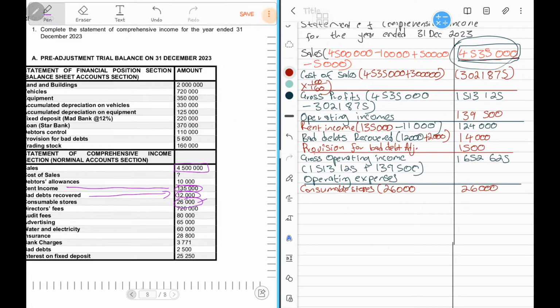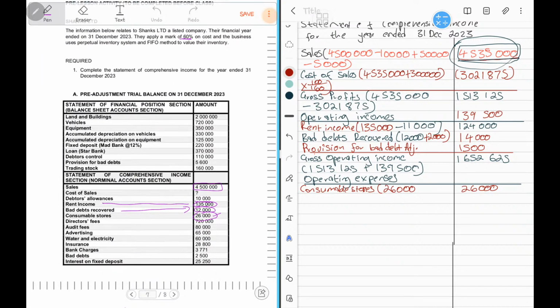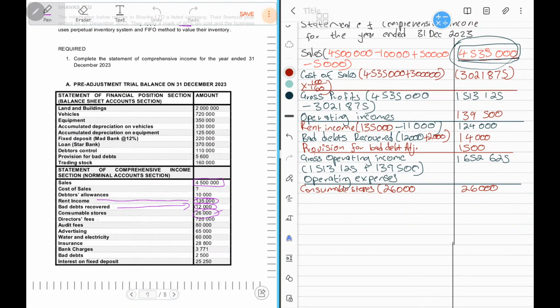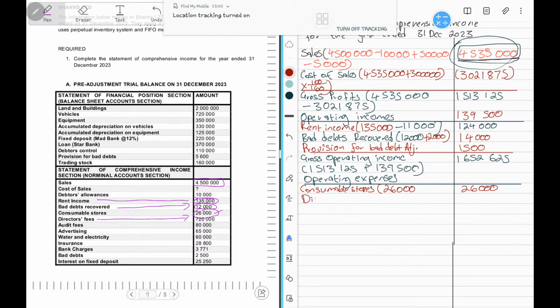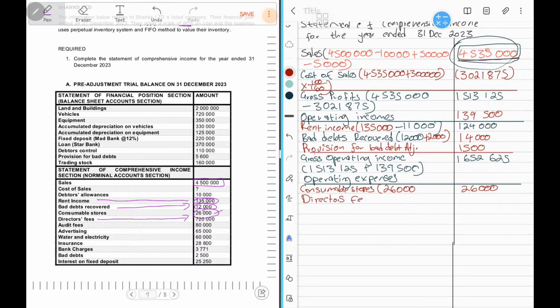Okay. Then next expense, it will be directors fees. So the first step is to open the bracket. Then the second step will be to plug the amount.